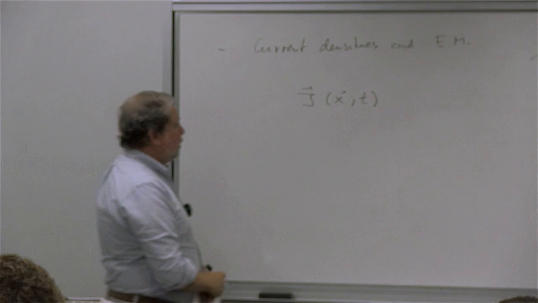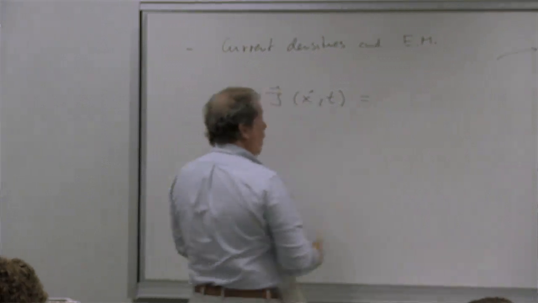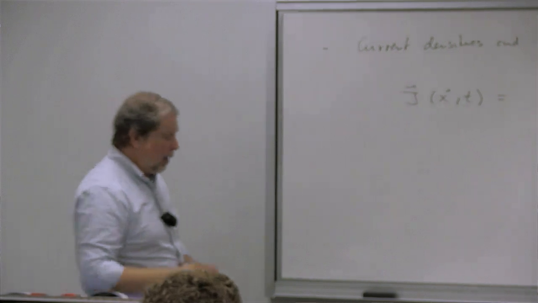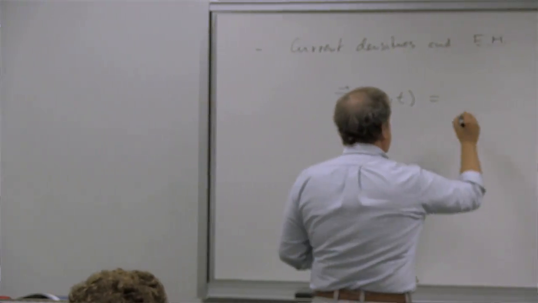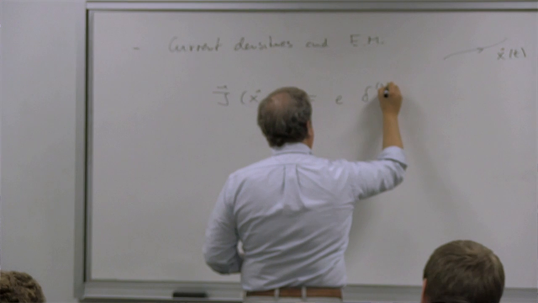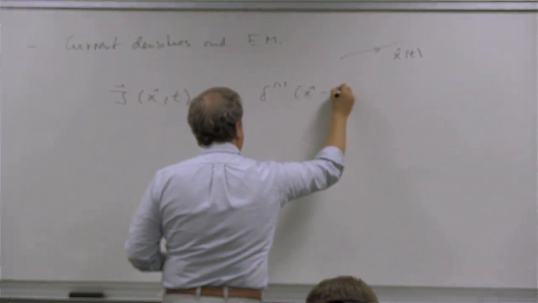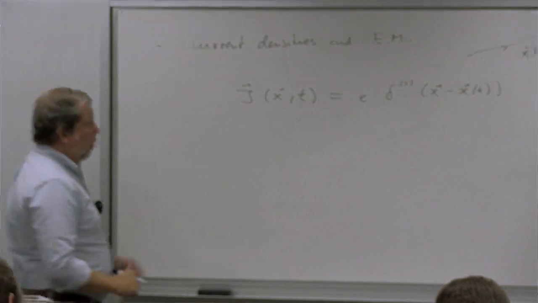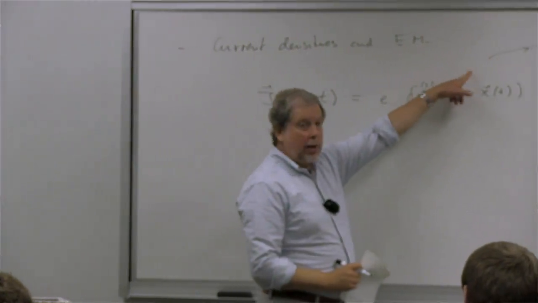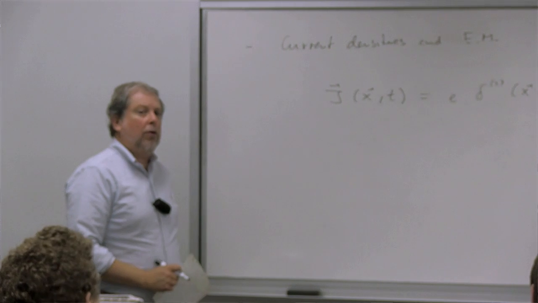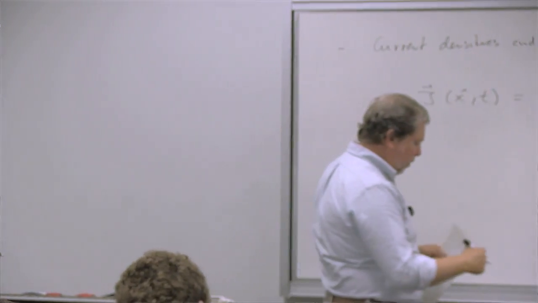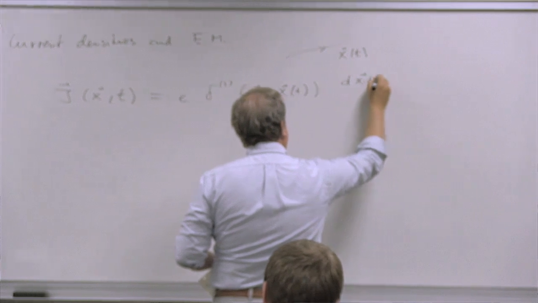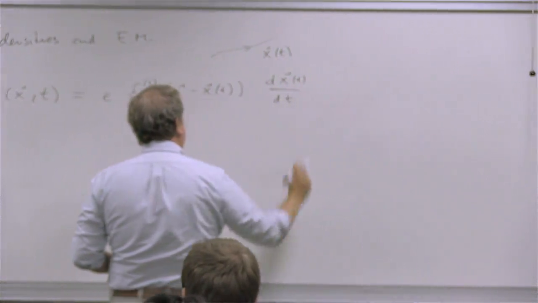And the current density, J of x, t, well, it's the charge times velocity, except here we're talking about the density, so there has to be a delta function somewhere. So it is e times delta 3 of x minus x of t. And so this current density is non-zero only along the path followed by the particle. And then times, of course, the velocity, so times dx of t along this trajectory over dt.